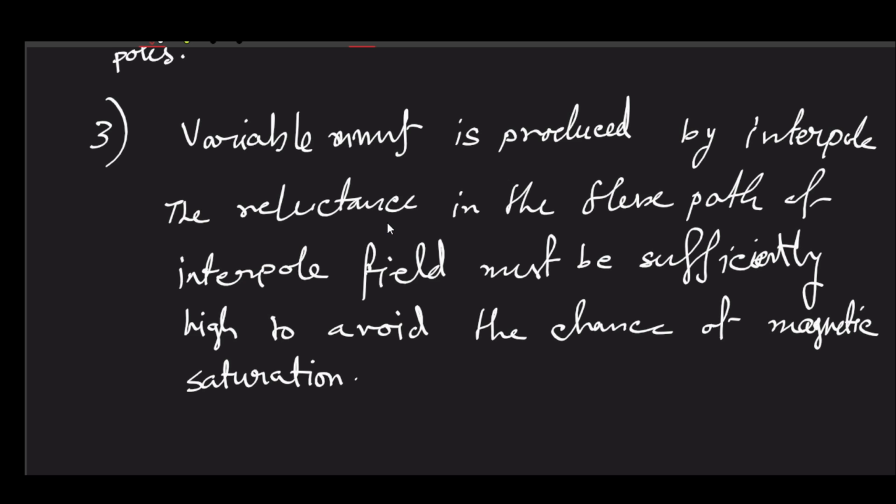Like if your flux path gets saturated, then what will happen? Your armature will produce sufficient demagnetizing MMF, but your interpole could not combat it because its flux will be limited by the saturation curve of your magnetic material.